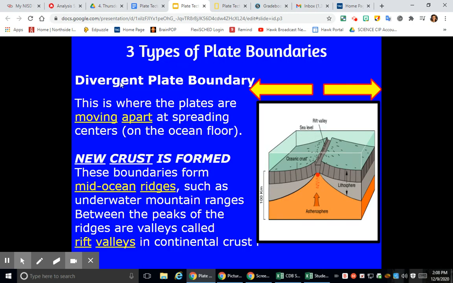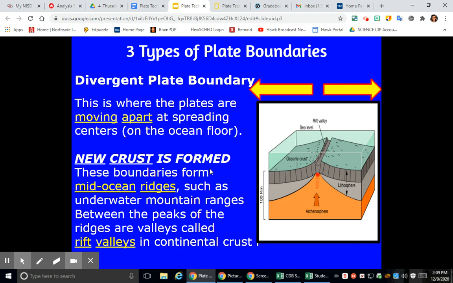There are three types of plate boundaries. We're going to discuss divergent plate boundary first. This is where two plates are moving apart at spreading centers of the ocean floor. New crust is formed. These boundaries form mid-ocean ridges, such as underwater mountain ranges.